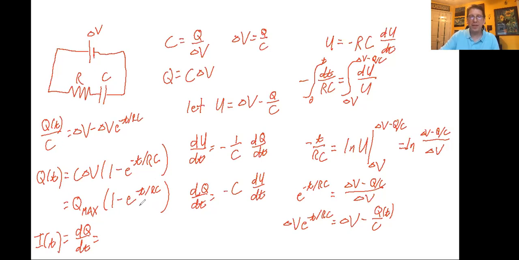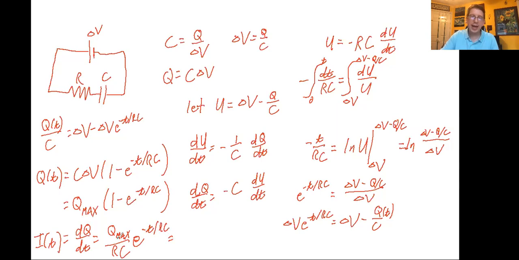So you have minus e to the negative t over RC, but then you're multiplying by -1 over RC. So that becomes positive Q max over RC times e to the negative t over RC.